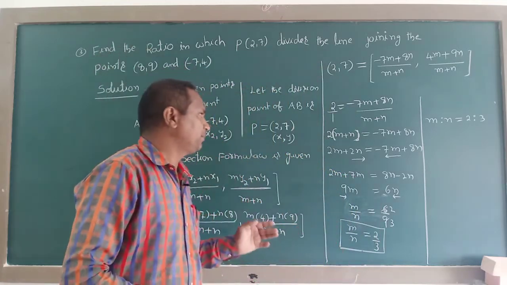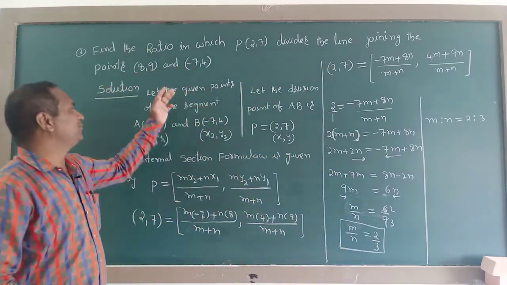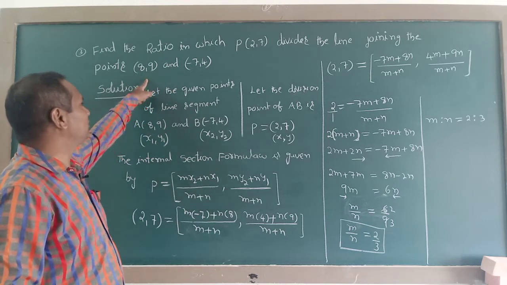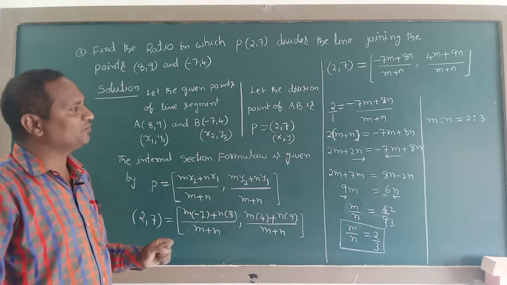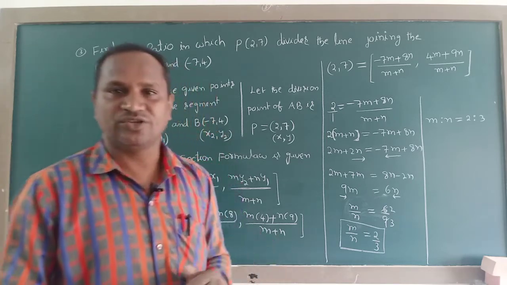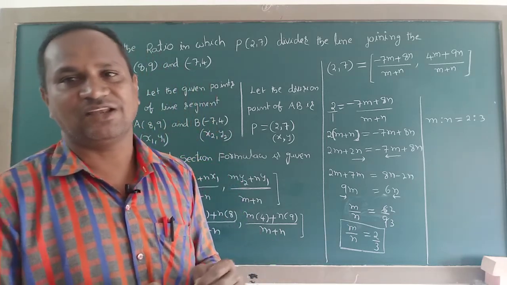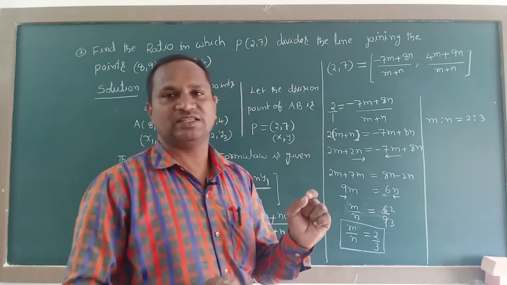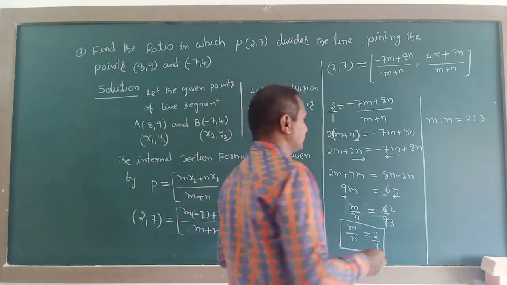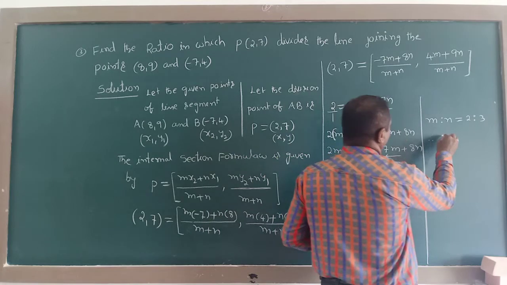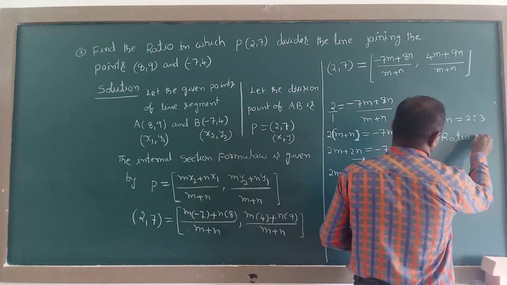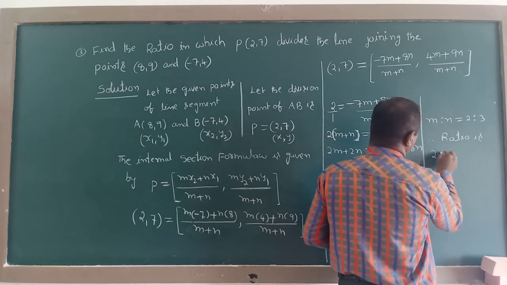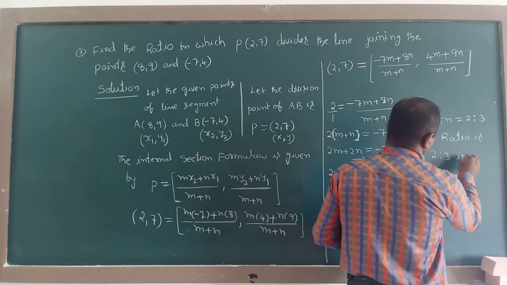That's why P divides the line segment joining the two points (8, 9) and (-7, 4) in the ratio 2 is to 3 internally. Therefore, the ratio is 2 is to 3 internally.